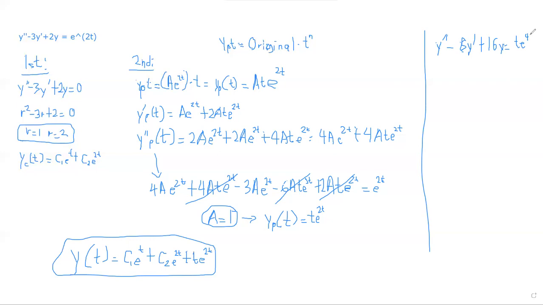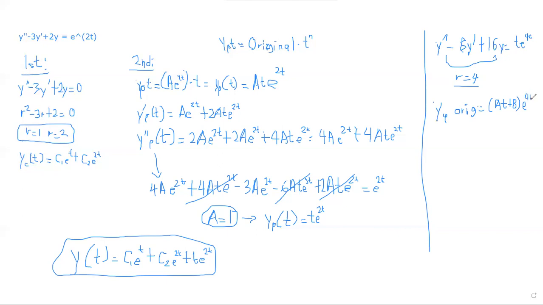I'm not going to do the whole thing, but it's pretty obvious that r is equal to 4. And then your original y_p would equal (at + b) e^(4t).